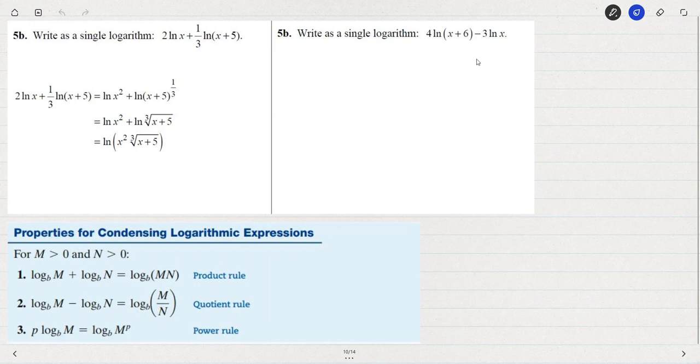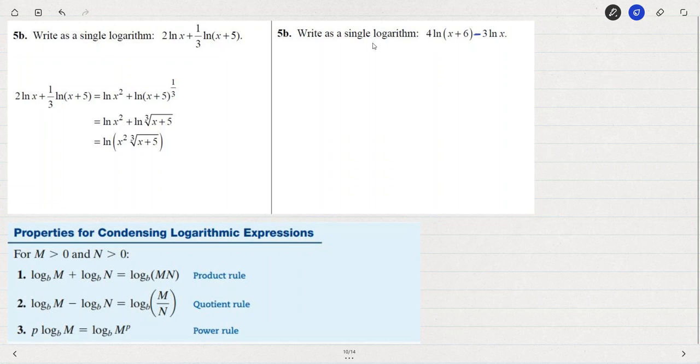Let's work backwards from the quotient rule. So if we have the difference of two logs, we could then write this as a quotient. And this 4 down in front is going to be an exponent, right? But let's just start with a quotient.